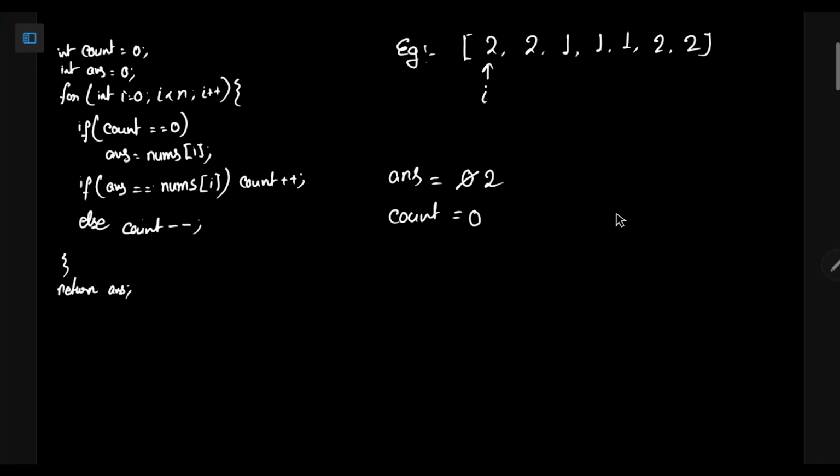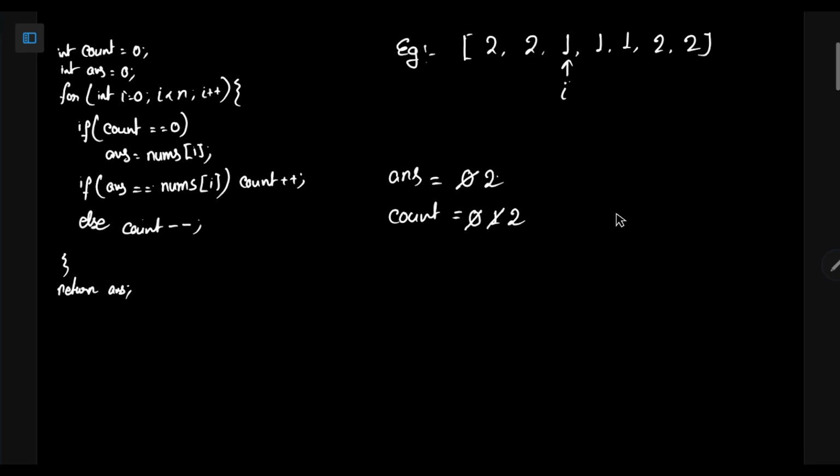Now check if answer is equal to nums of I, yes, then count will be 1. Now I will be incremented and it will again check count is 0, no, so it will go to the next statement. If answer, which is 2, is equal to nums of I, yes, then count will be incremented and I shifts.